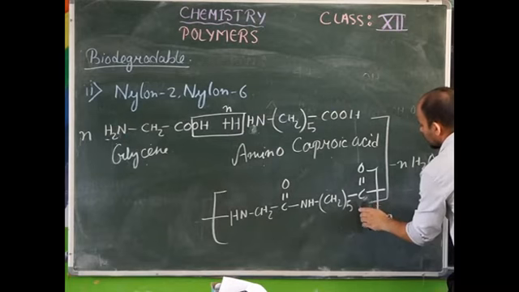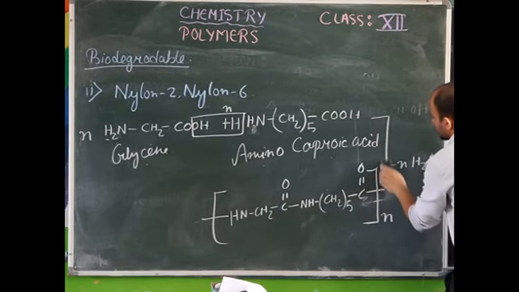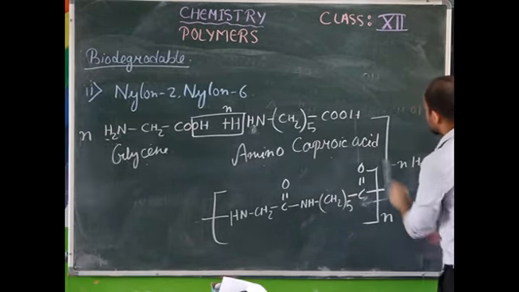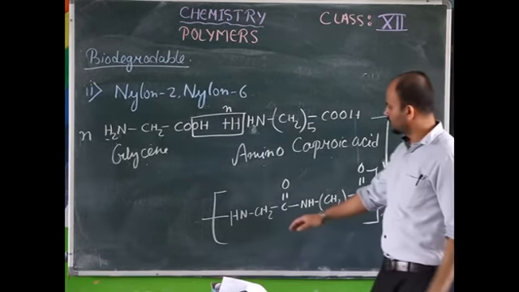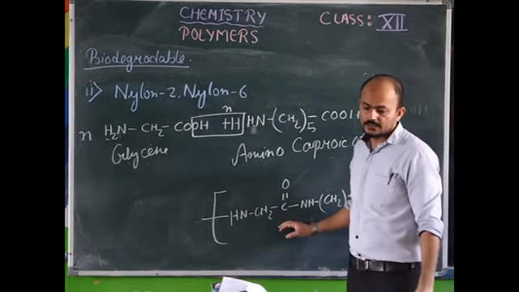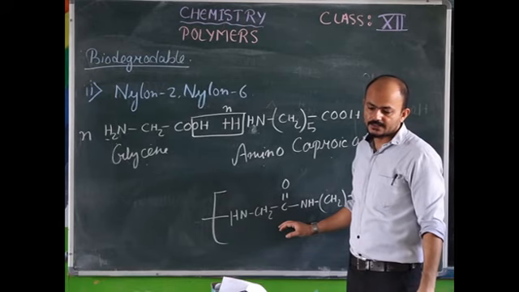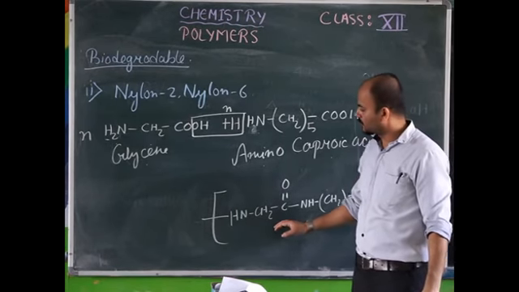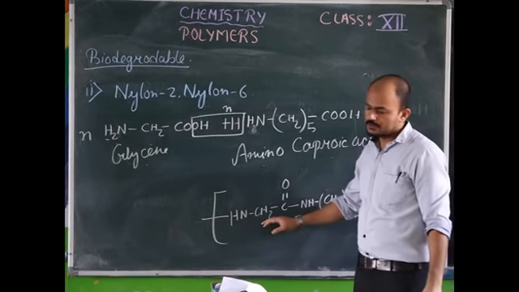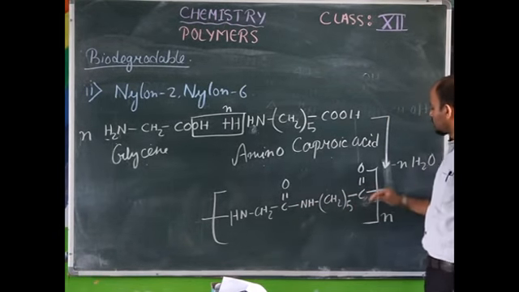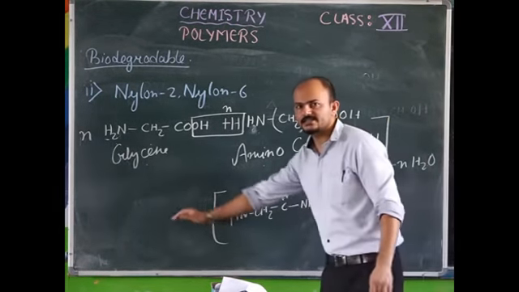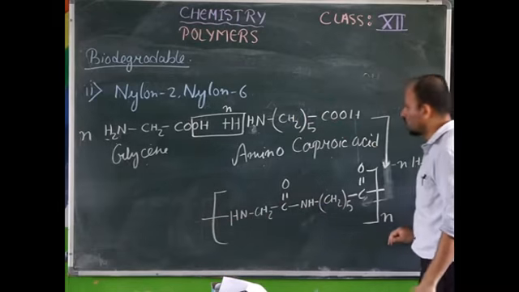You can remember it that way. So this is the formula for nylon 2, nylon 6: NH, CH2, C double bond O, NH, CH2 whole 5, C double bond O, and the chain extends this side, and this is whole N.